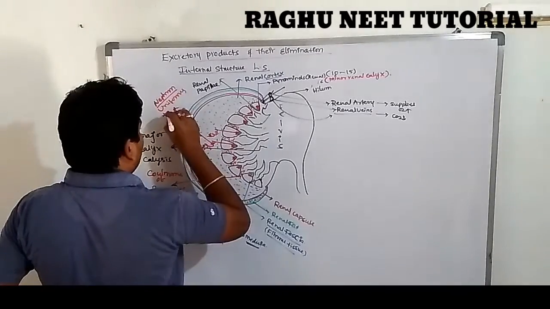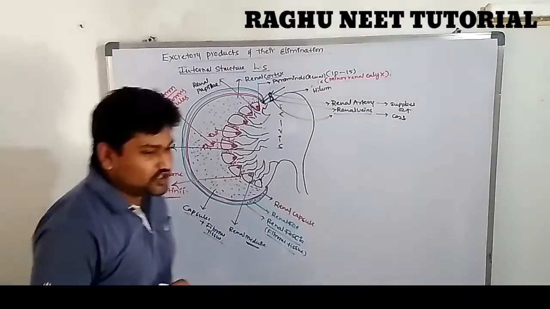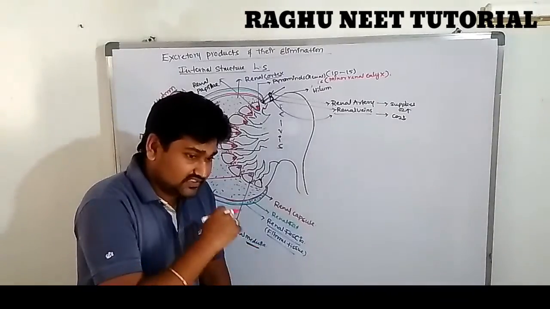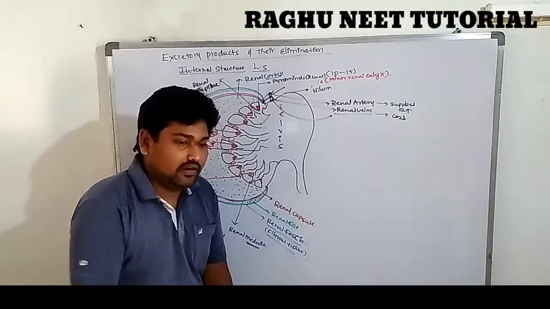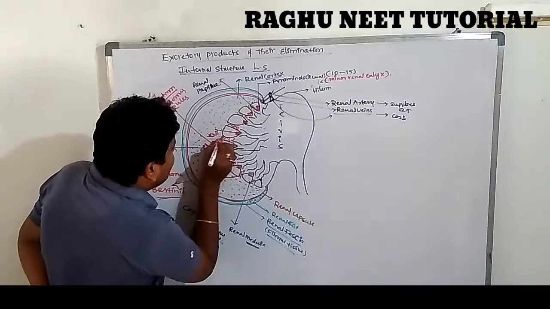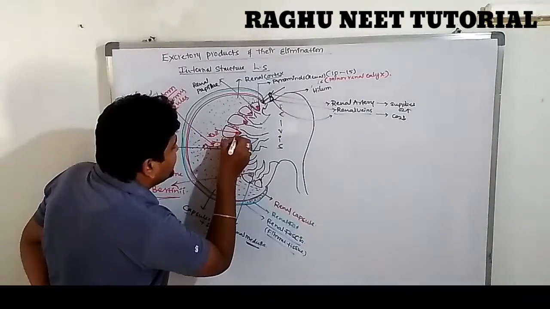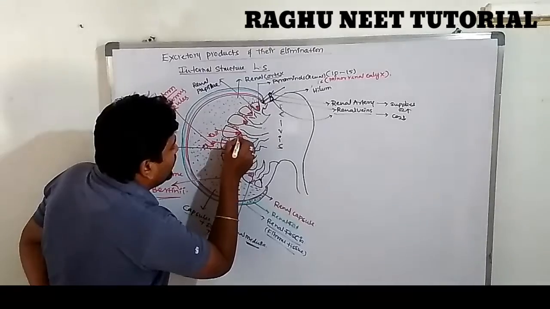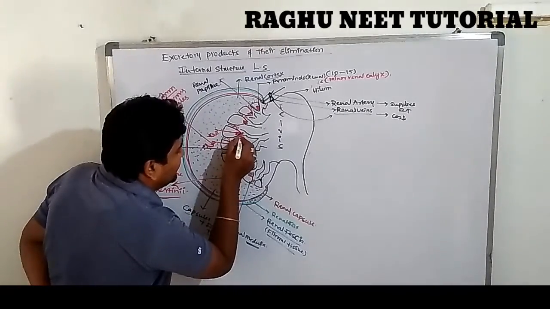So what is the importance of the uniferous tubule? These tubules are useful for separating nitrogenous waste, such as uric acid, from our body. They collect the nitrogenous waste and release it into the renal papillae, the apex part.